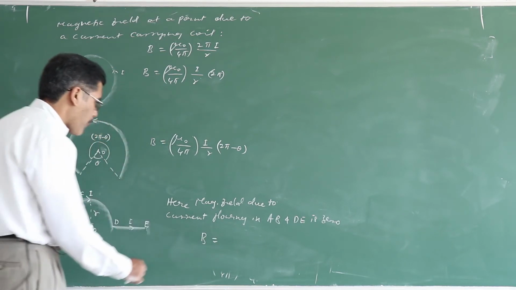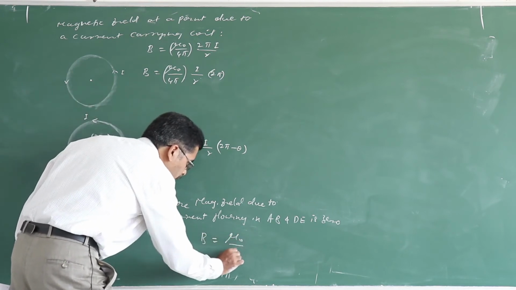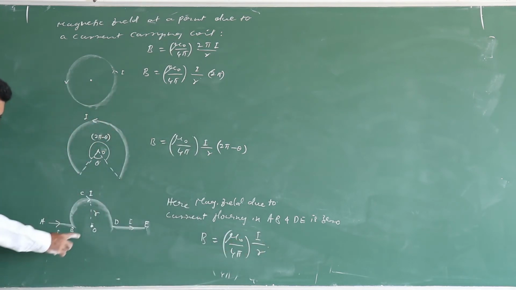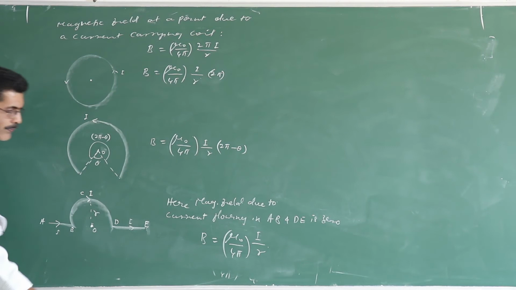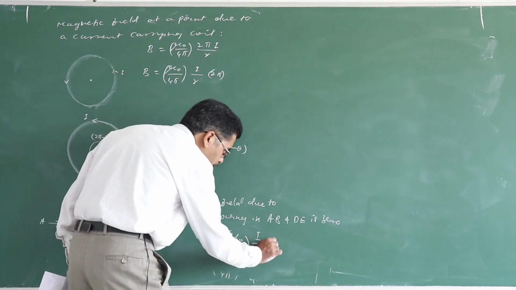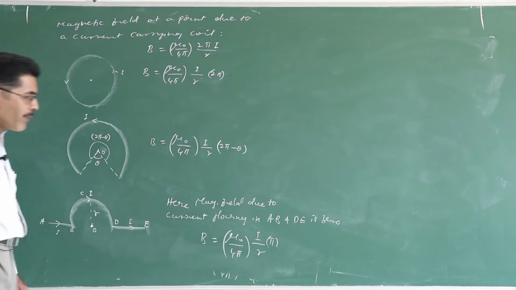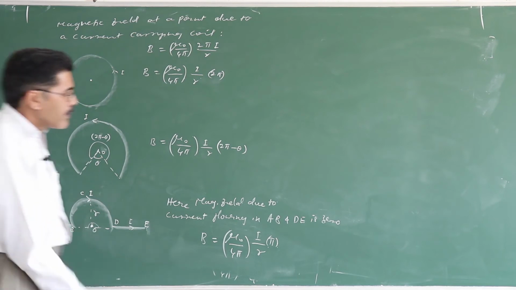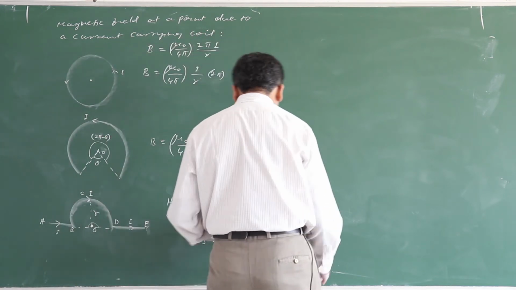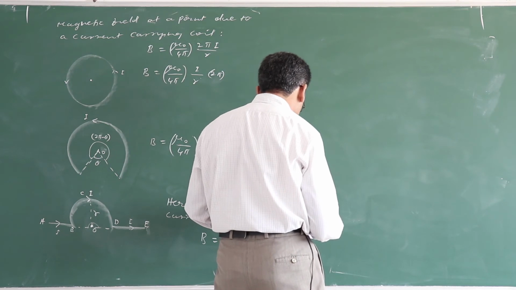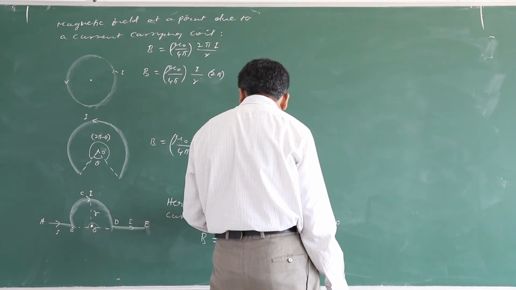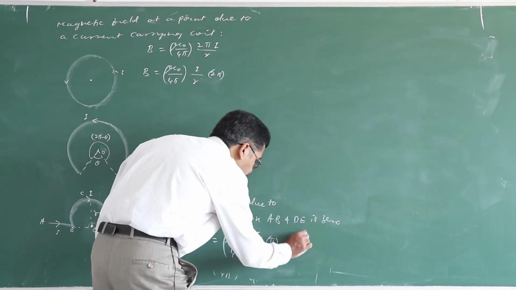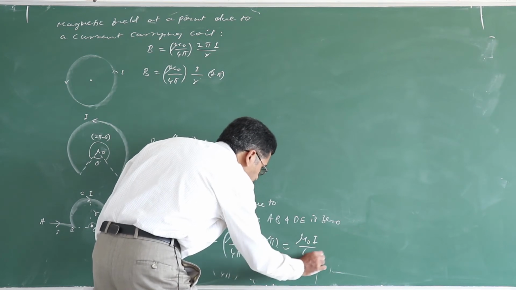B is equal to mu naught by 4 pi I by R. What is the angle subtended here? The angle subtended is half, this is pi. Here the angle is pi, 180 degrees. Or you can simplify and write it like this: mu naught I divided by 4R.